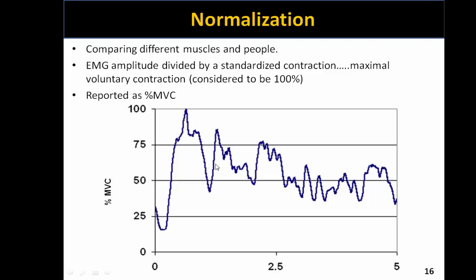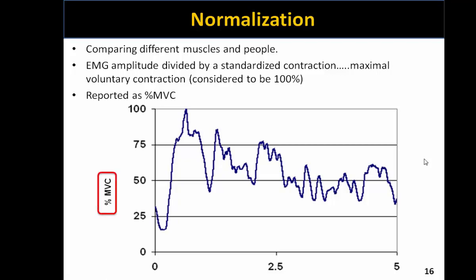But throughout the entirety of this contraction, the muscle is recruited to varying levels of its maximal capability, but still activated to a fairly intense level, between 50 and 75%. That's just a subjective conclusion by eyeballing this, but as you might suspect, eyeballing it will give varyingly different results between people.